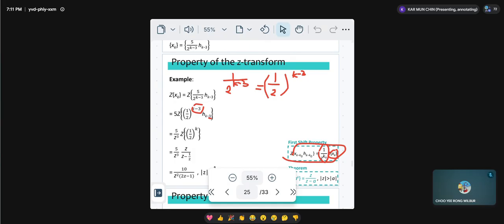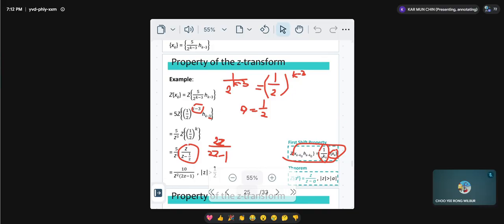Then you simply do the Z transform of this part. The Z transform when you have a to the power of k, here 1 over 2 is your a. So a equals 1 over 2, and it will be Z over Z minus 1 over 2. Then you rearrange it and get 2Z over 2Z minus 1.